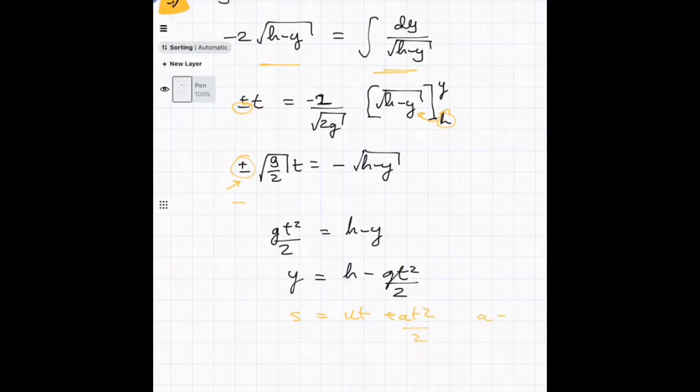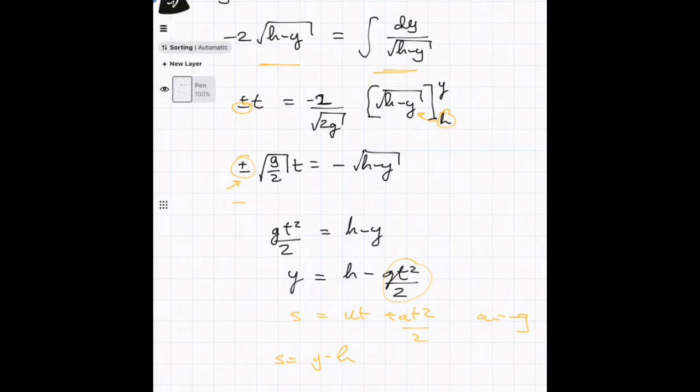Here the acceleration is minus g, so that's this term. And then S is displacement, and so the displacement is y minus h. And it's negative in this case, and that relates it to one of the SUVAT equations.